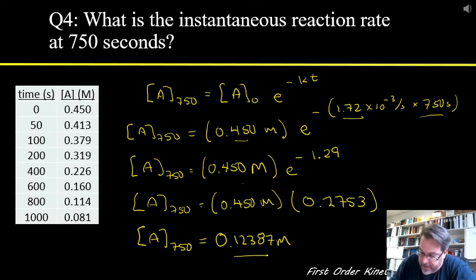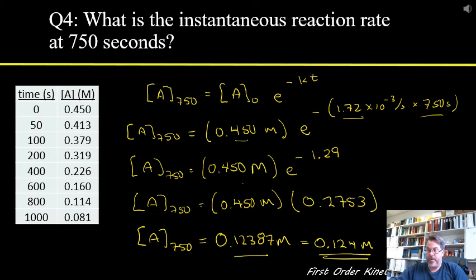And if this is our final answer, we probably want to round that to 0.124 molar. But since we're using this in another calculation, let's remind ourselves that it's only 3 sig figs, but let's not round it off quite yet. Let's use this number and put it in the rate equation. All right, give me a minute and we will do that.